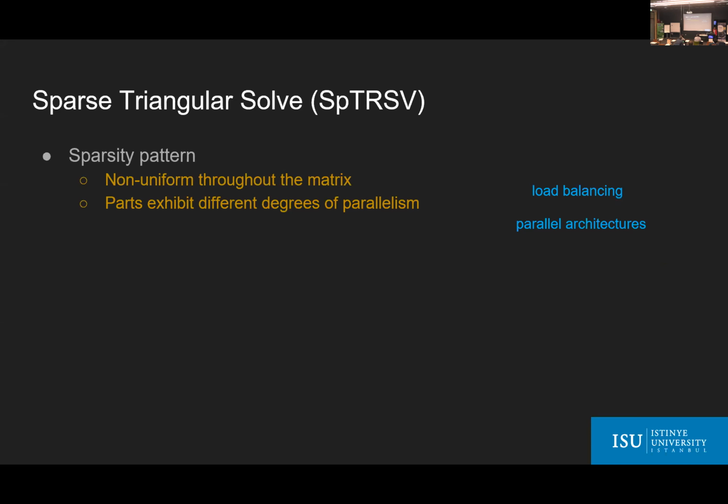Optimizing SpTRSV is not trivial, especially on today's highly parallel architectures, due to the challenges posed by the sparse pattern. First of all, it's usually non-uniform throughout the matrix. There are some parts of the matrix which exhibit very little parallelism, such that the computation is almost serial, and your cores are sitting idle at the side and you're not taking advantage of the parallel architecture at hand.